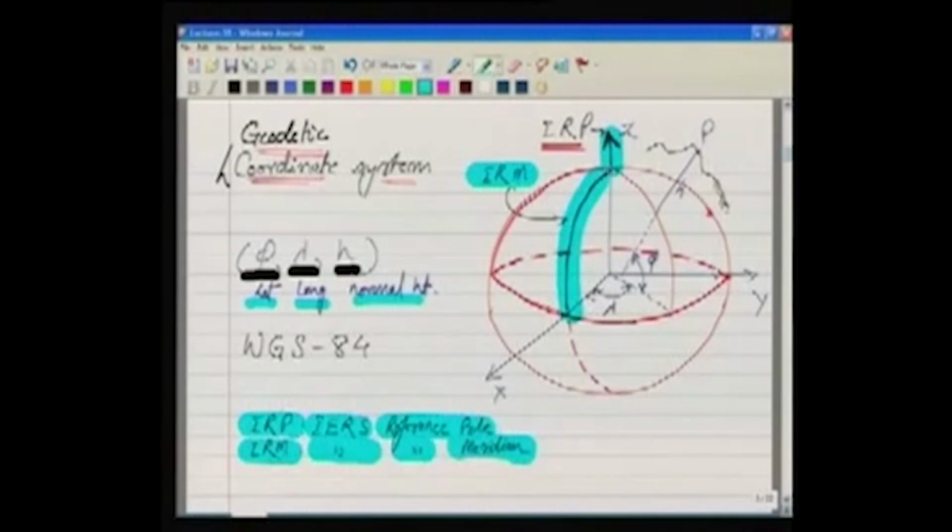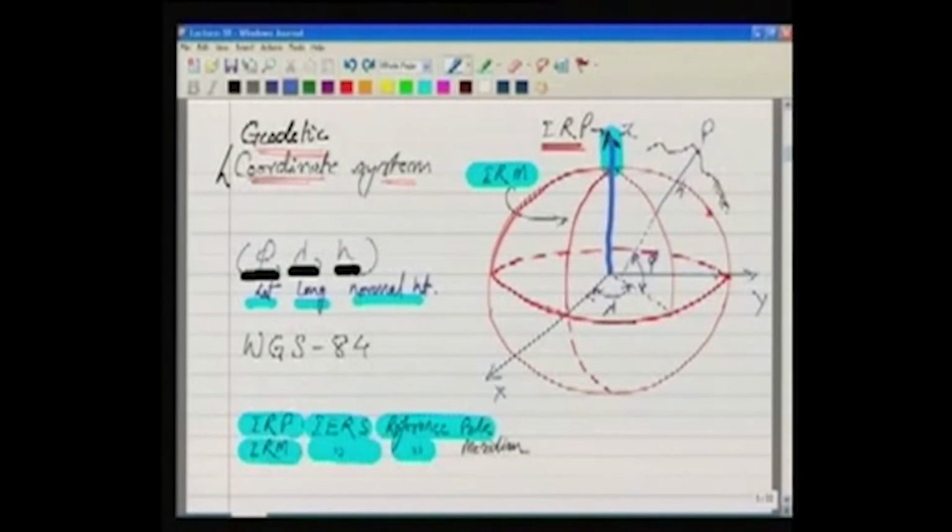So what we are trying to do is define the coordinate system here. First of all, I will draw it a bit thick in the same color. That is the direction of IRP.